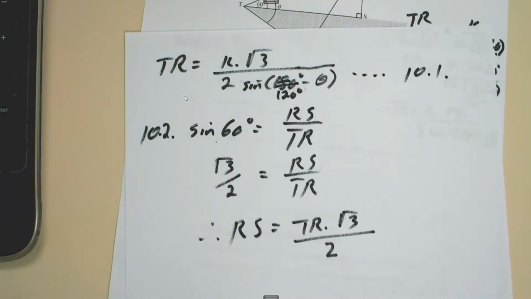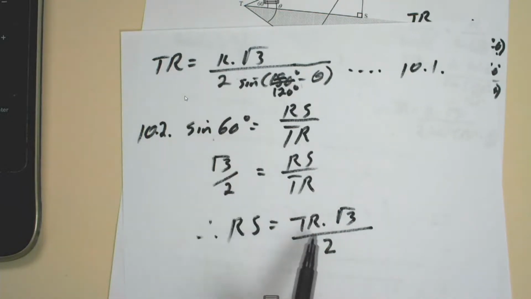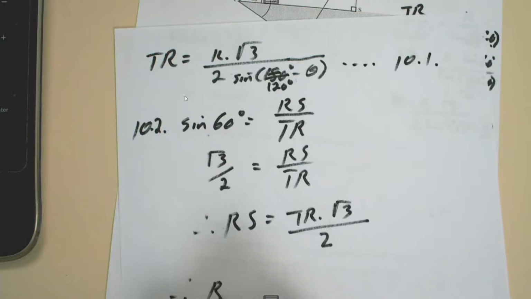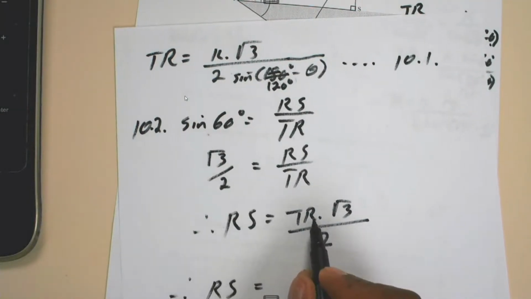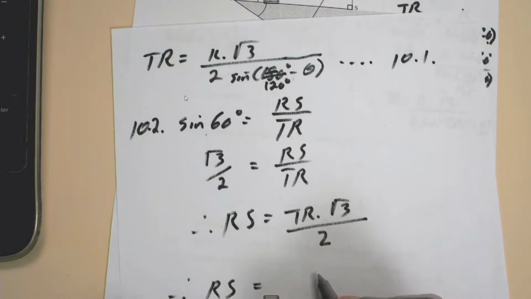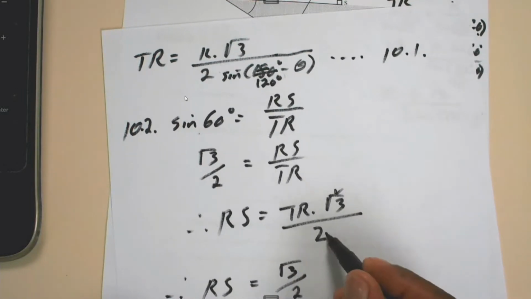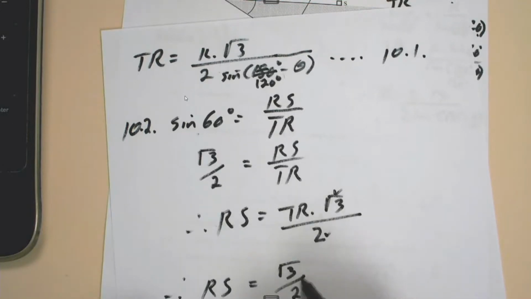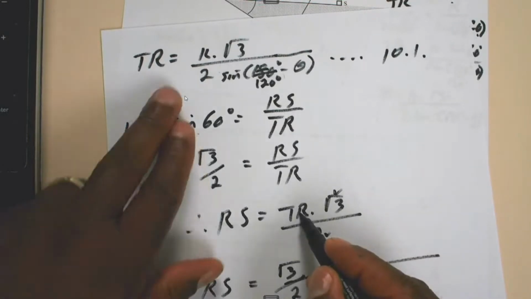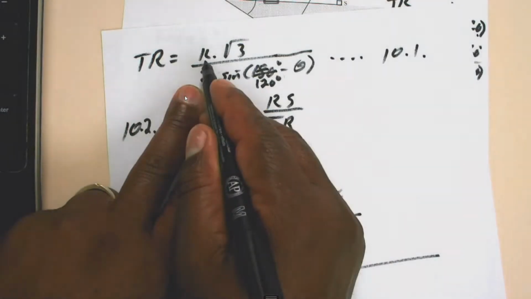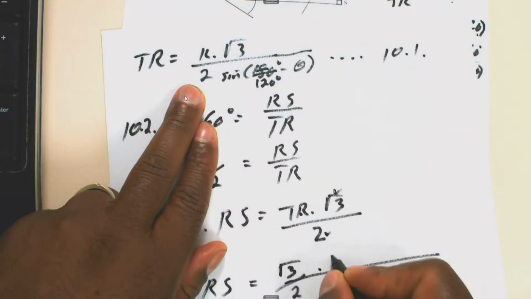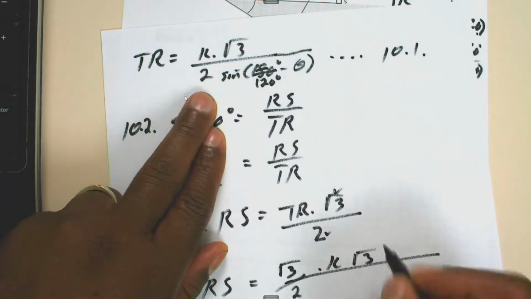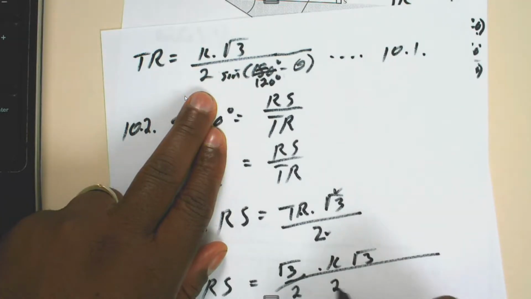Now we are going to substitute this TR here. RS is equal to square root of 3 over 2, and instead of TR, I write K the square root of 3 over 2 multiplied by the sine of 120 degrees minus theta.